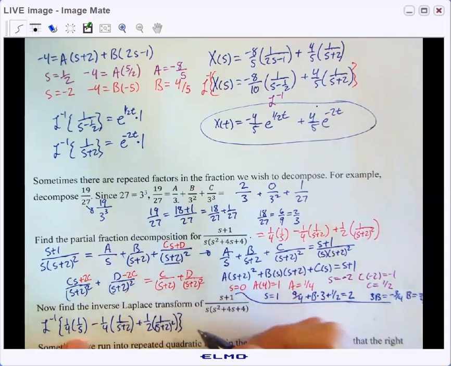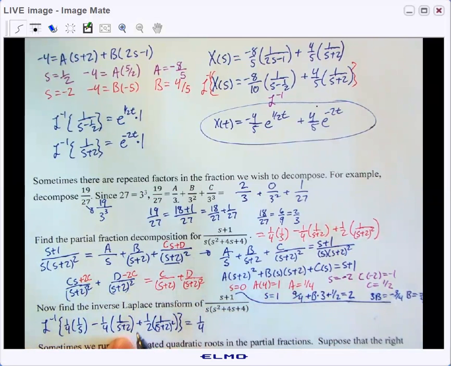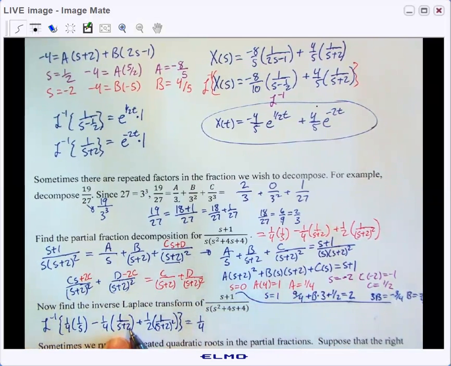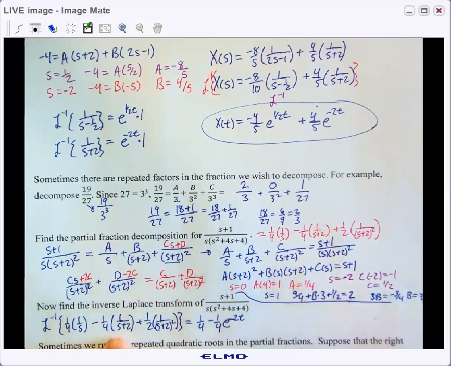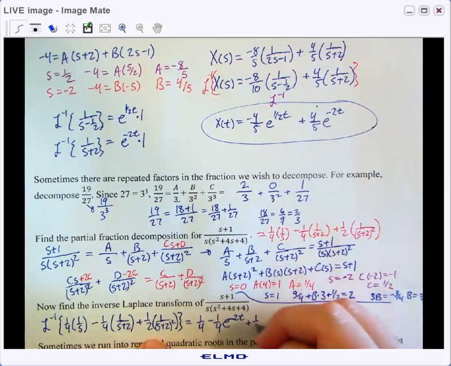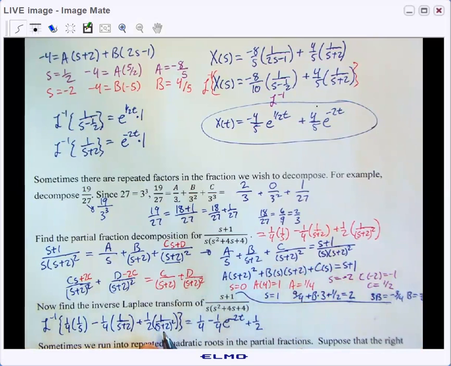Okay, we know the inverse Laplace transform of 1 over s is 1, so that is going to be 1/4 times 1, or just 1/4. Okay, this guy is going to be very similar, just like we've done above. So this will be minus 1/4 times 1 times e to the negative 2t, okay, plus 1/2 times, remember that the Laplace transform of t is 1 over s squared.